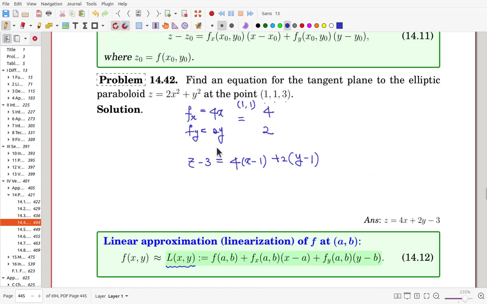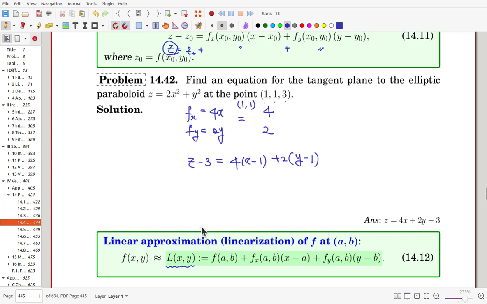Here we move this one to the other side, then z equals z0 plus this one and that one. Now for this z, we choose this point on the tangent plane.